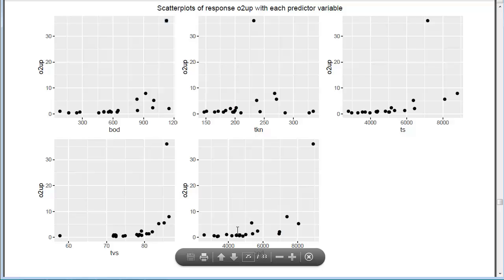It definitely seems the spread is related to the mean of oxygen uptake. So when all the values are small, there's very little variability, and as the variables get larger, there seems to be more variability. So that log transformation is looking like a good idea at this point.